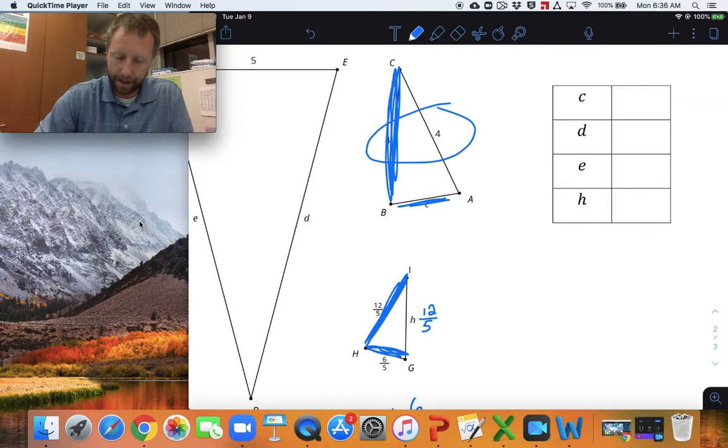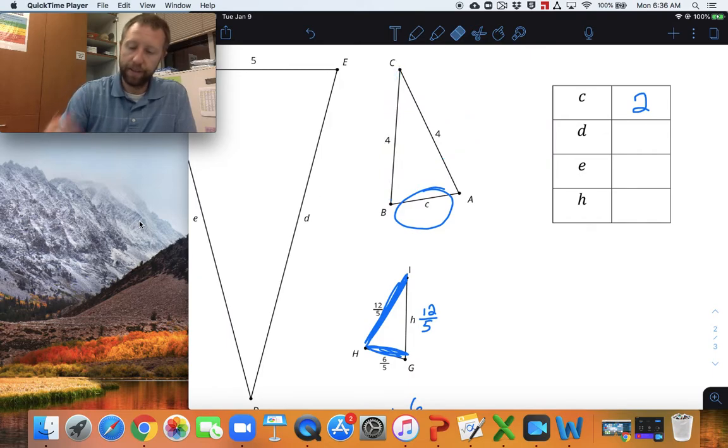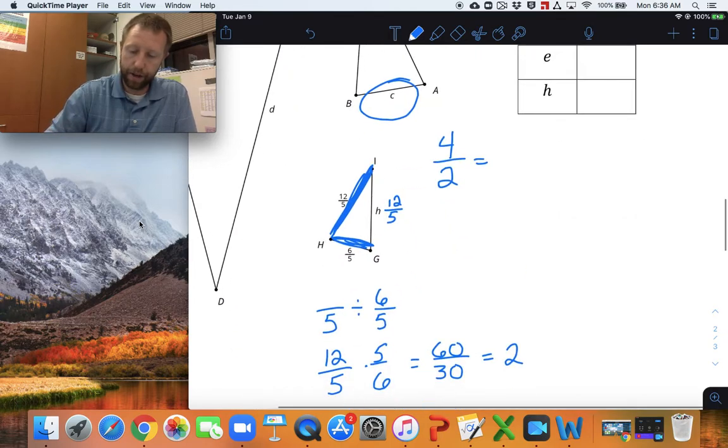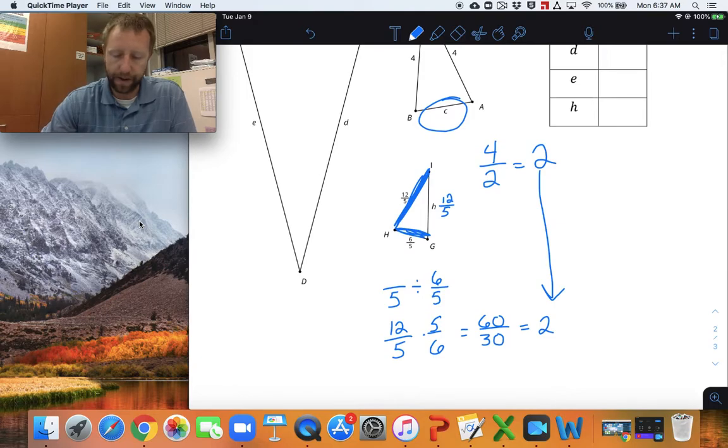That gets me that side C right here is 2. That's the only number that could work, so that would give me the same ratio of 2. Now, if I test it, I should get 4 divided by 2 equals that same ratio, and it does. That gives me that same quotient.